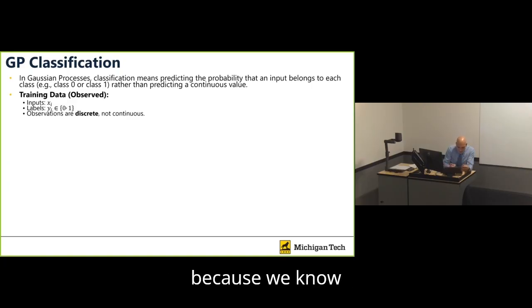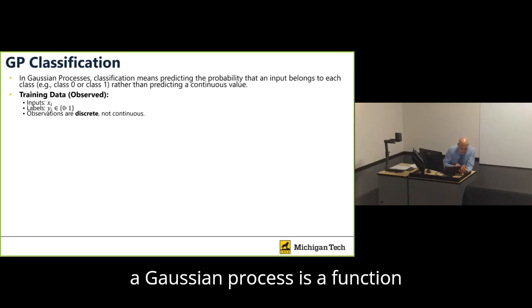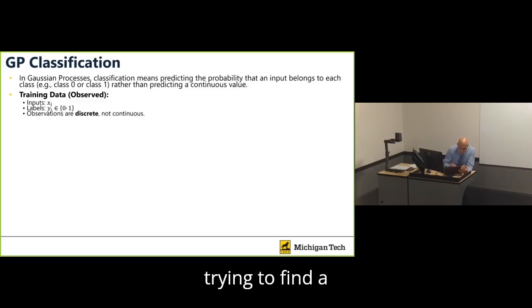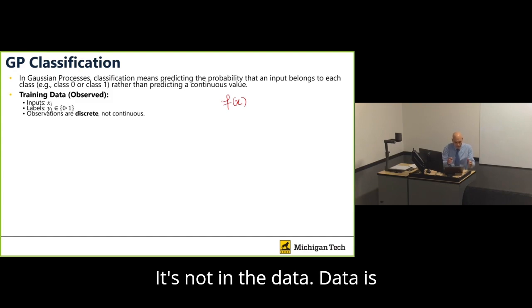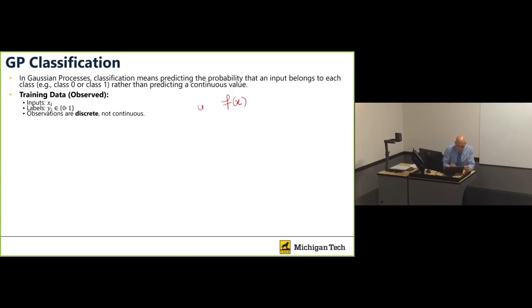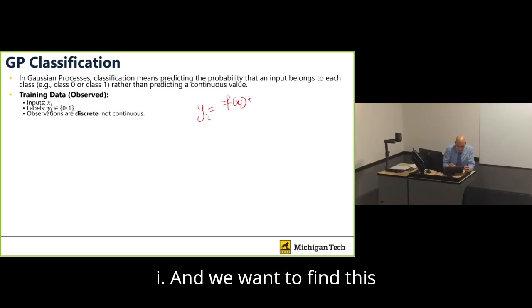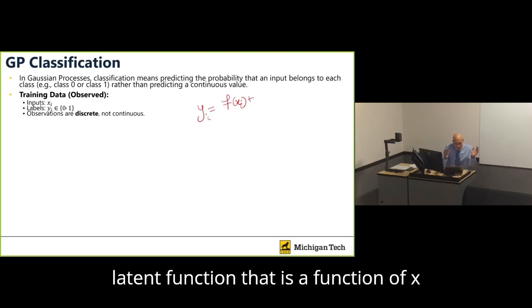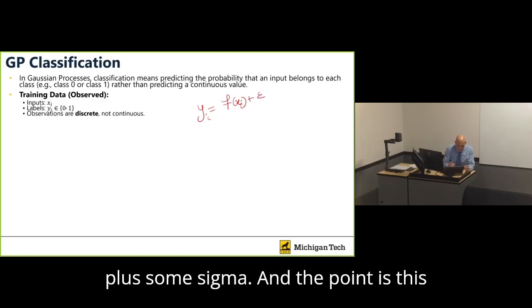We know Gaussian process is a function optimization problem, so we are trying to find a function like f of x, and this f of x is a latent function, not in the data. The data is y_i and x_i, and we want to find this latent function, which is a function of x plus some sigma.